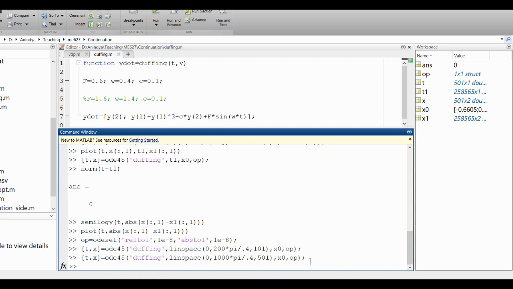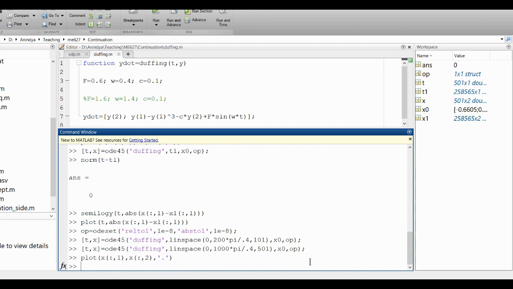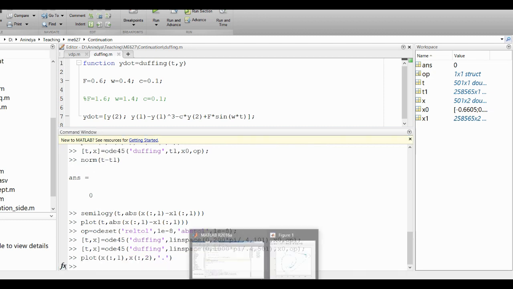There it is. And then what I will do is plot x1 and x2, and I will plot dots. You should do this with 5,000 points or 10,000 points and you will get something very interesting. But let me just give you the initial thing.